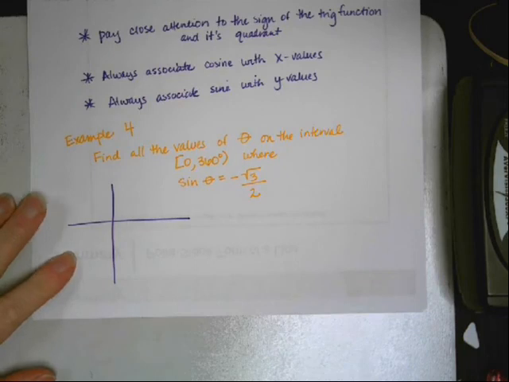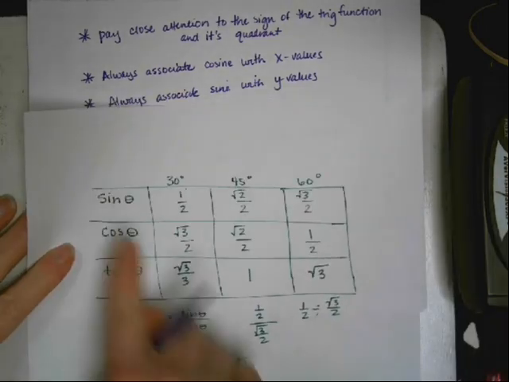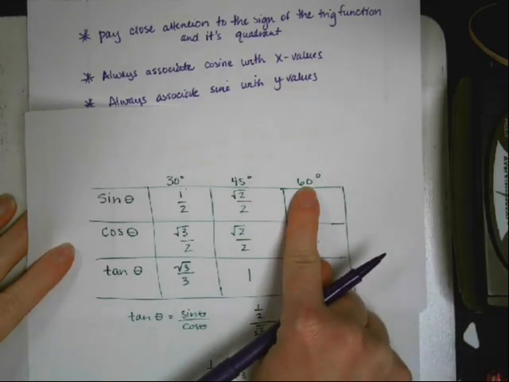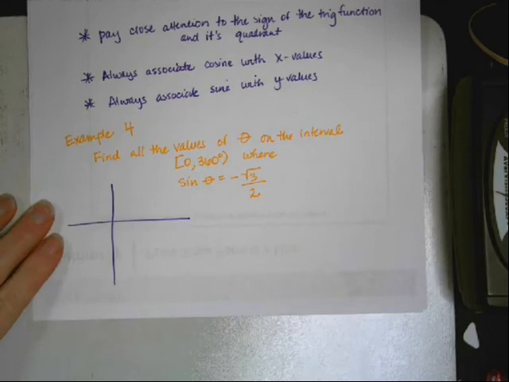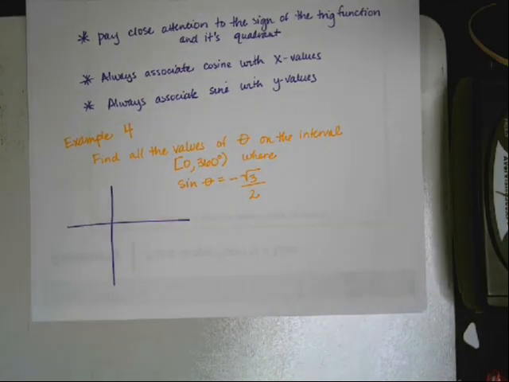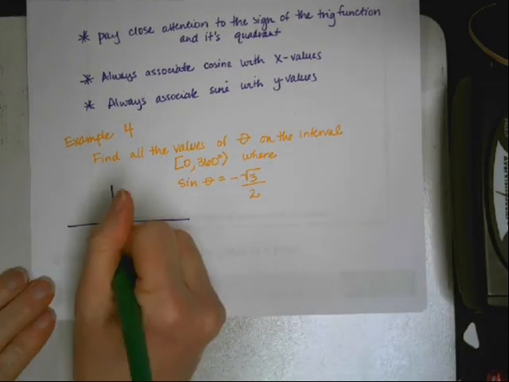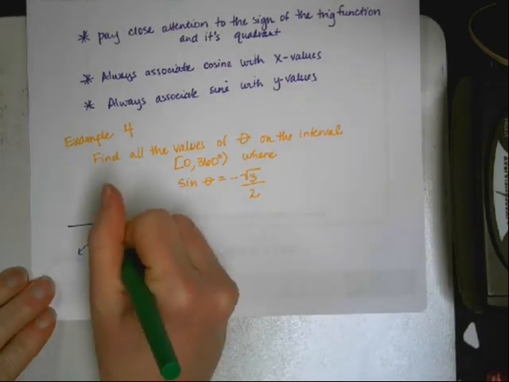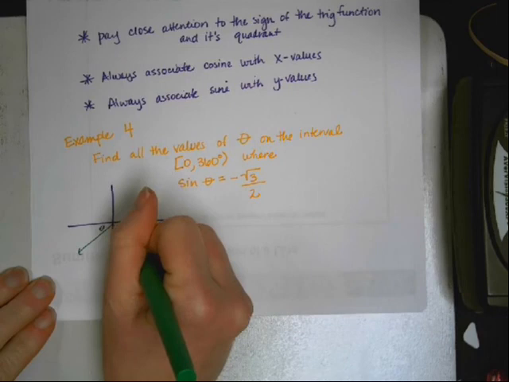Now, if I go to my little chart, I see that sine is square root of 3 over 2 at a 60-degree angle. Remember, that's 60 degrees between the terminal side of the angle and the x-axis. So this has to be 60, and this has to be 60.